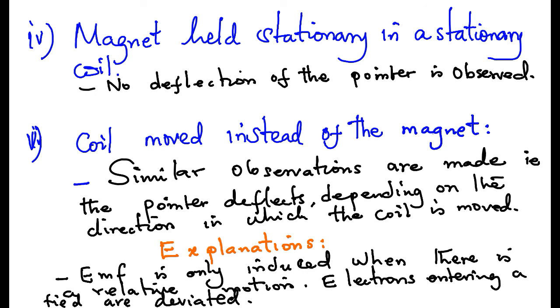The force compels the electrons to move, hence this constitutes a conventional current in the opposite direction.